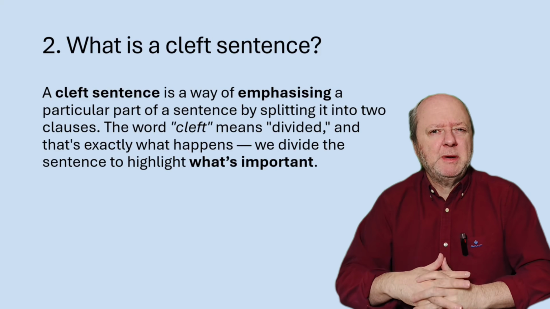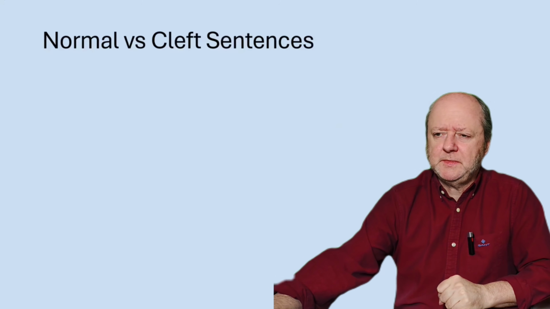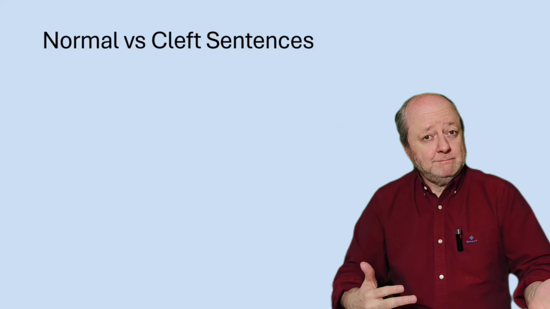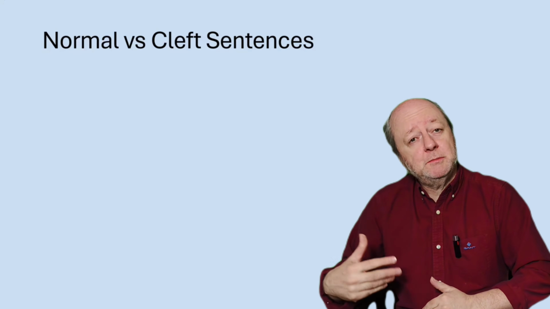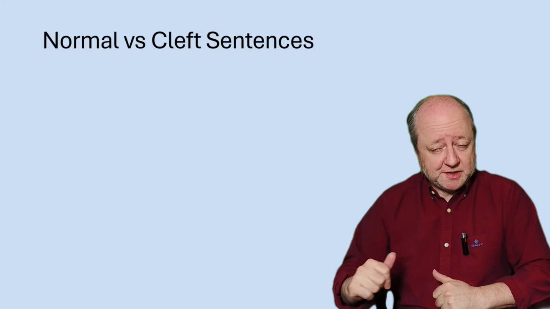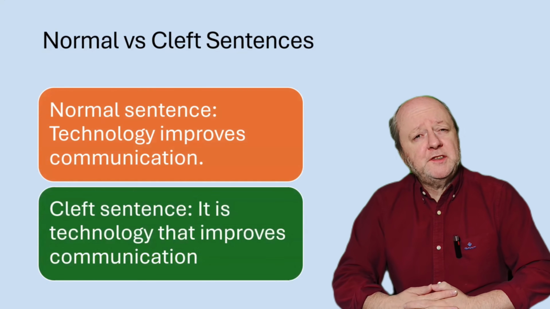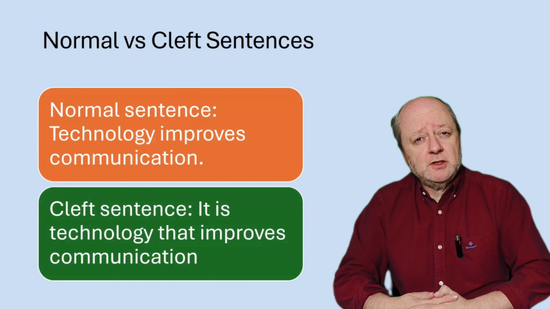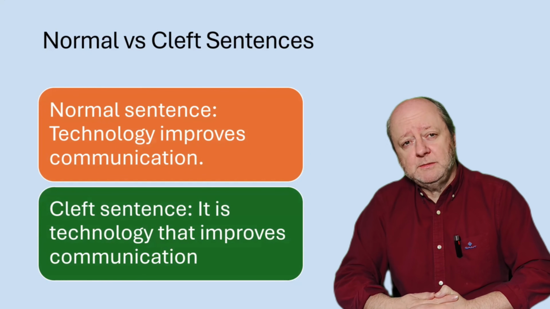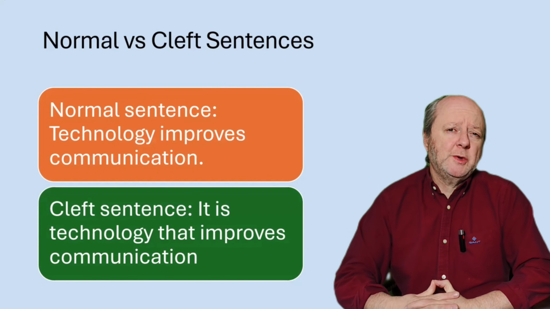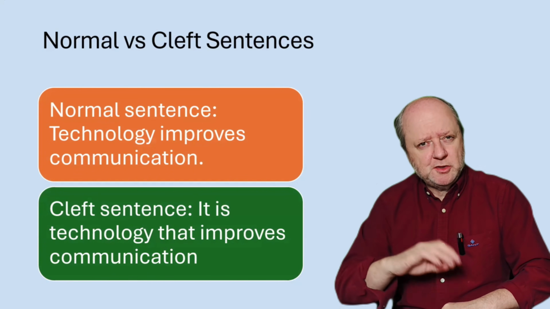So let's have a look. It's better to look at examples. So here are some normal sentences and some cleft variations. Technology improves communication. Very straightforward. Cleft sentence: It is technology that improves communication. So when you do this, it stresses your point.